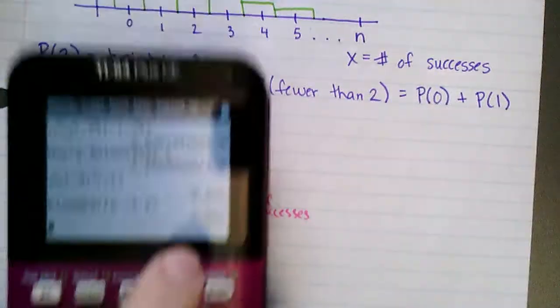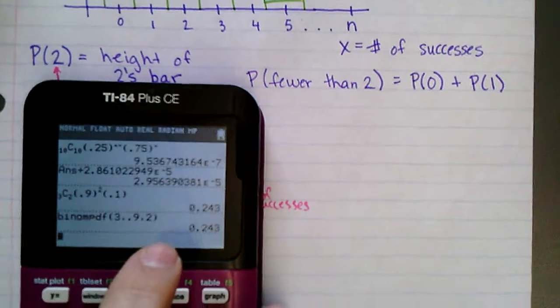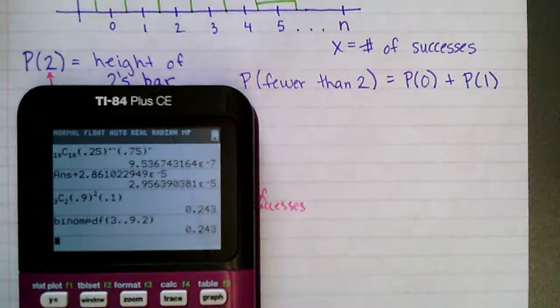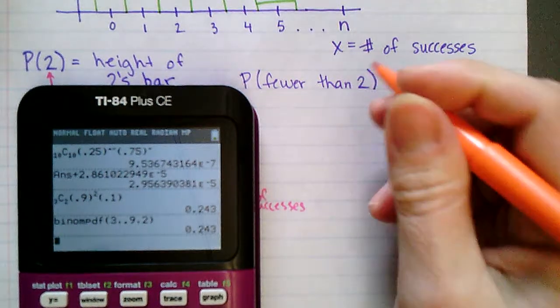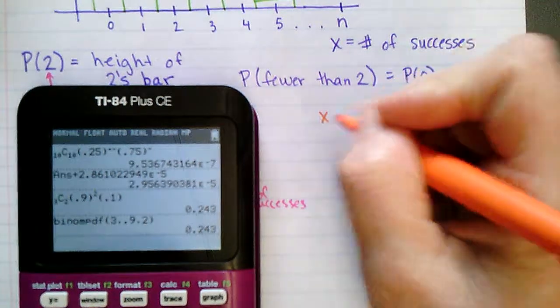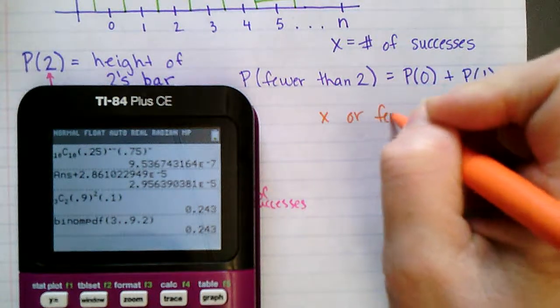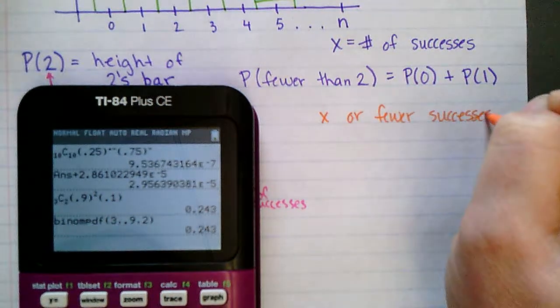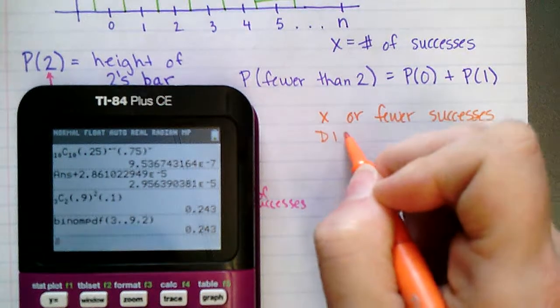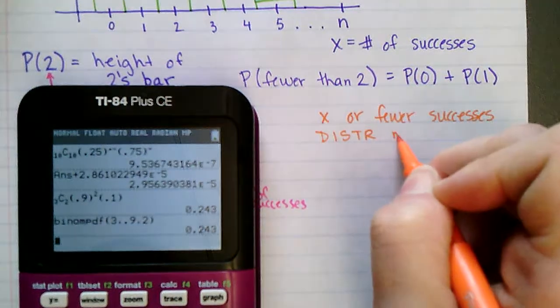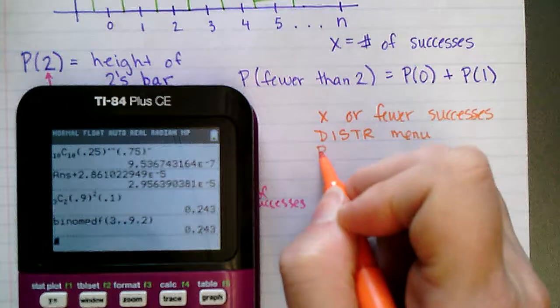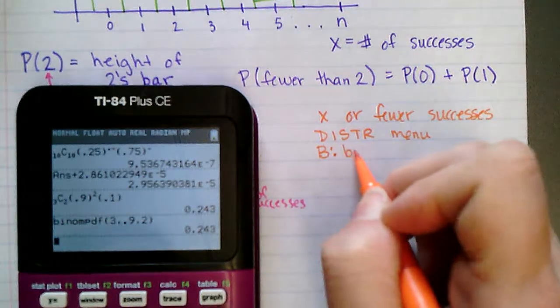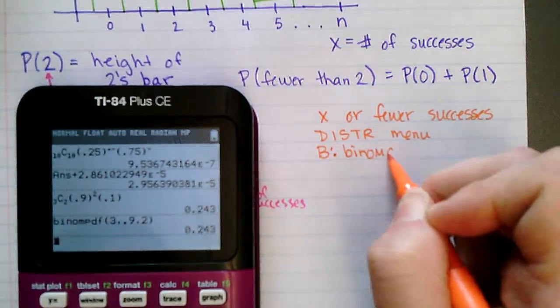Now, if I wanted to know the probability of fewer than 2 successes, then I would use a different menu choice. If I want to know X or fewer successes, then I go to the same DISTR menu, but I choose option B, which is Binomial Cdf.